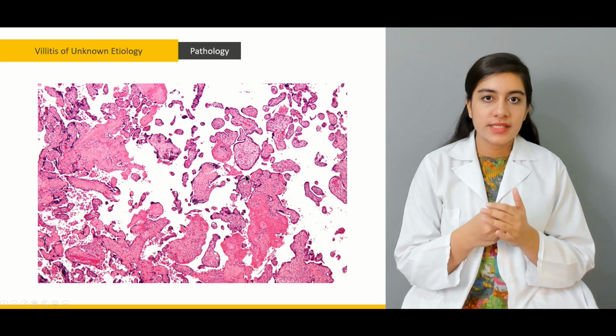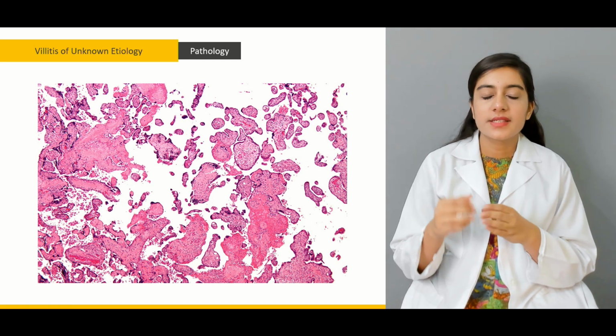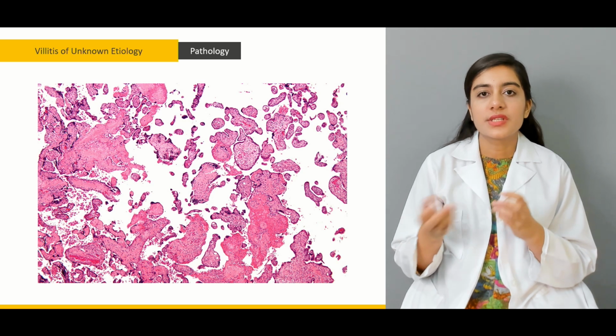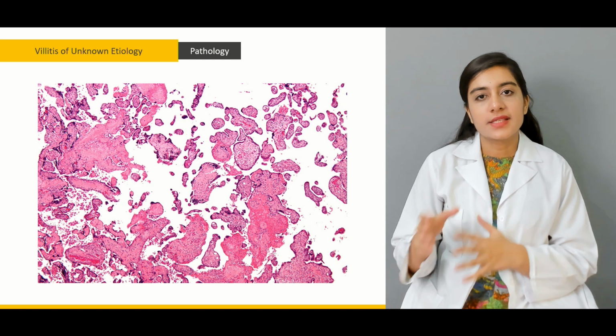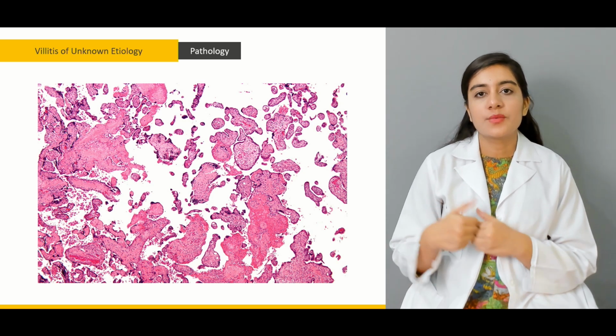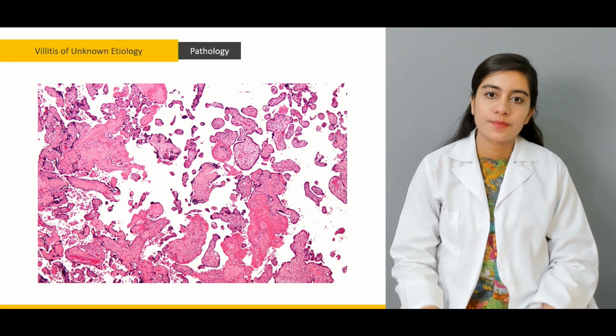Villitis causes a disease of the villi, and villi are the areas responsible for the absorption of nutrients. So any necrotizing action inside the villi will cause disturbance in the absorption of nutrients and oxygen from the intervillous spaces.